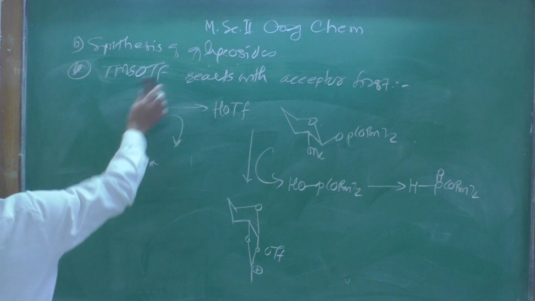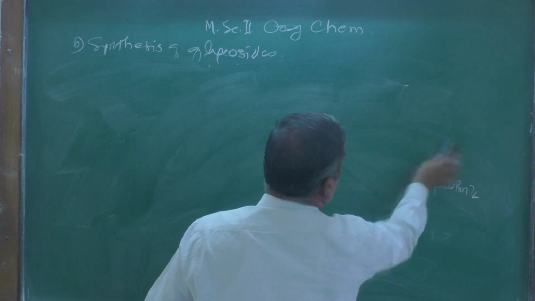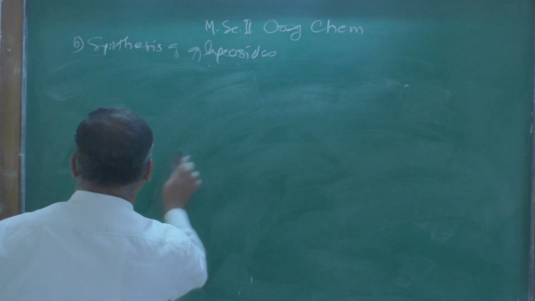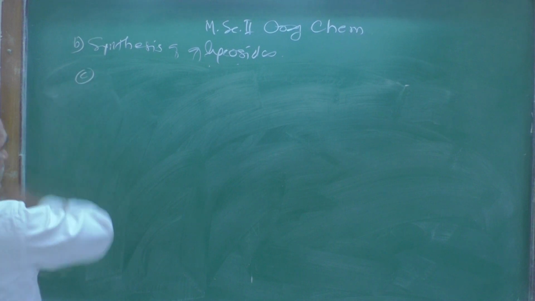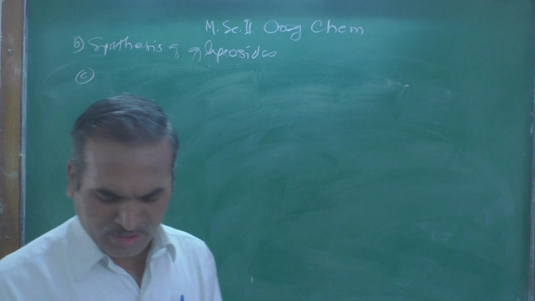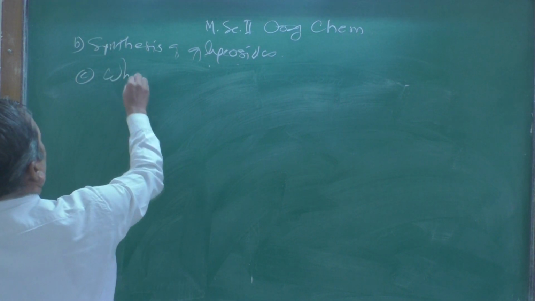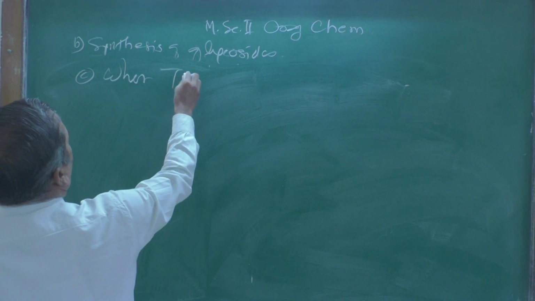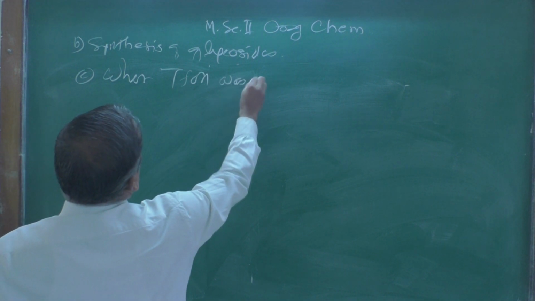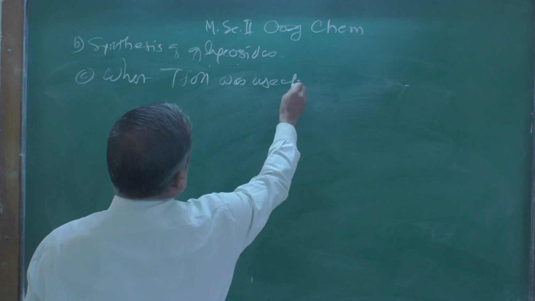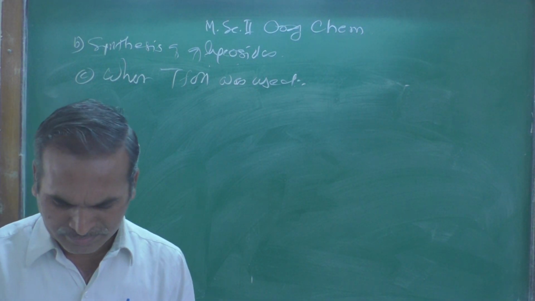and now let us see the third point what we are going to discuss here. Let's see the third point, that is the C point, that is when TfOH was used.